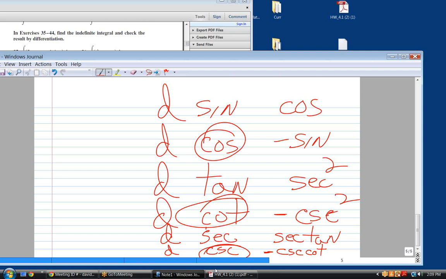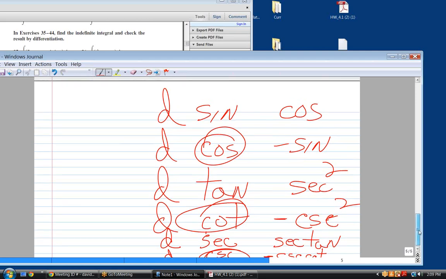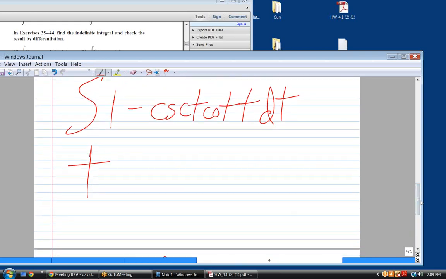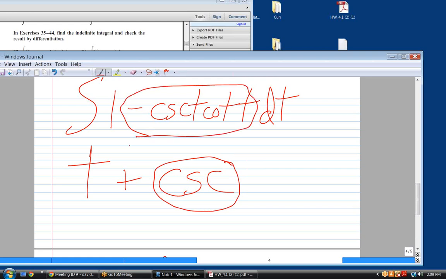So when we're going back the other way, we started with cosecant cotangent, so that must be, in other words, if I were to take the derivative of that, I would get that.